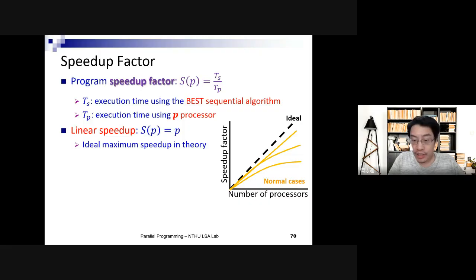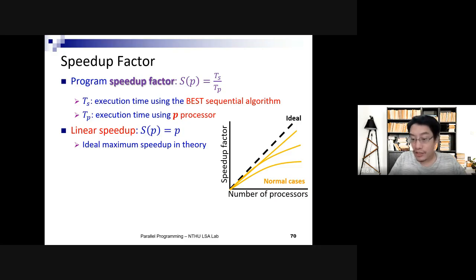So ideally, not hard to imagine, the plot you should expect to see is a linear line, if the x-axis is the number of processors and the y-axis is the speedup factor you measure from the experiments. As you use more processors, you should get more speedup. Ideally, if you use 2 processors, the time should be reduced by half. So this should be a linear line.